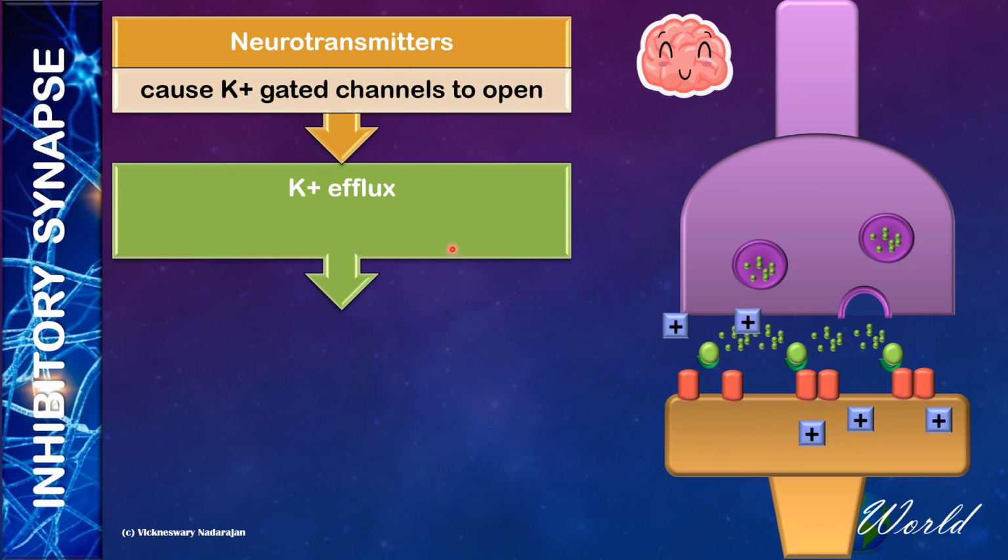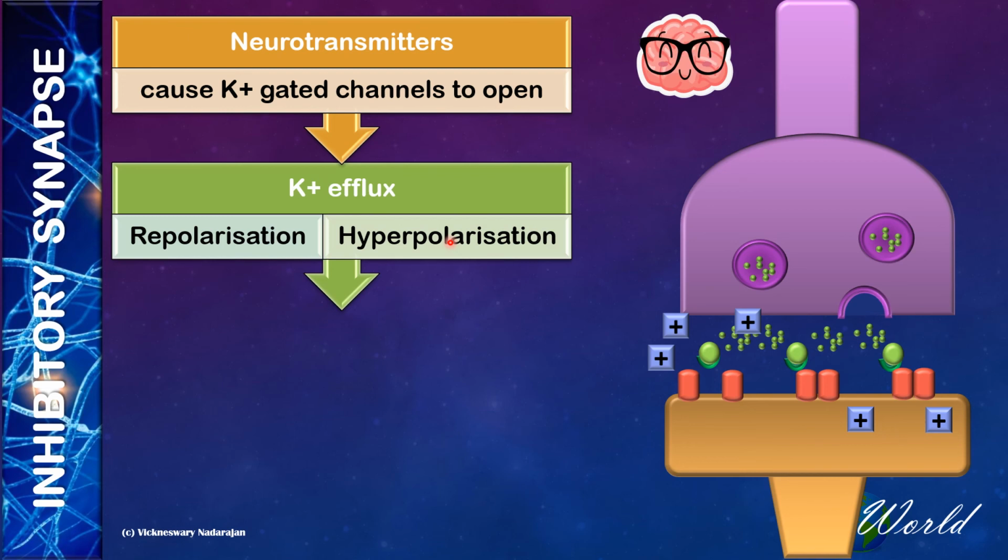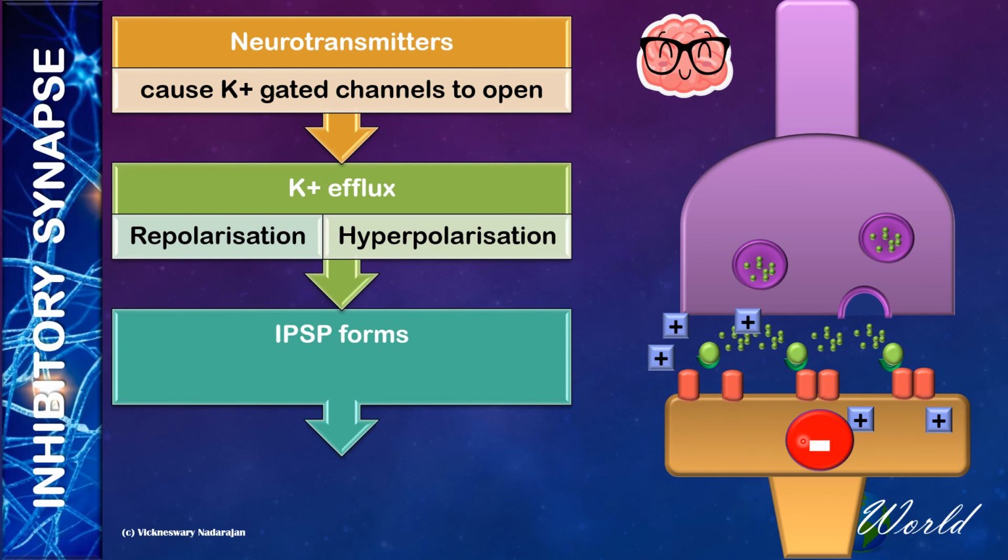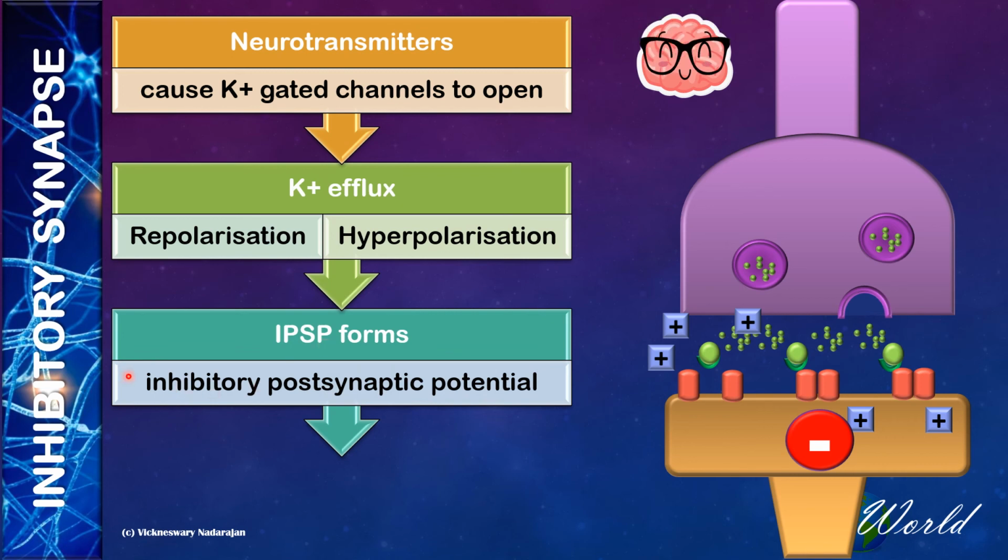So when the potassium ions diffuse out, a process of repolarization and hyperpolarization occurs. That means now the membrane potential in this neuron will become more negative. That is known as IPSP, inhibitory postsynaptic potential.